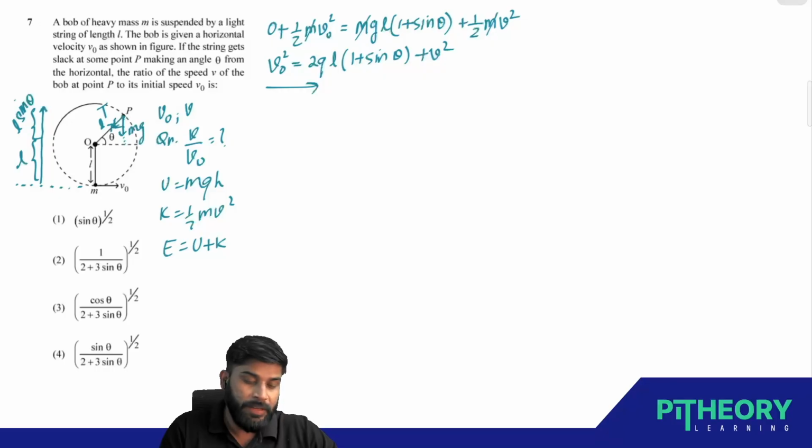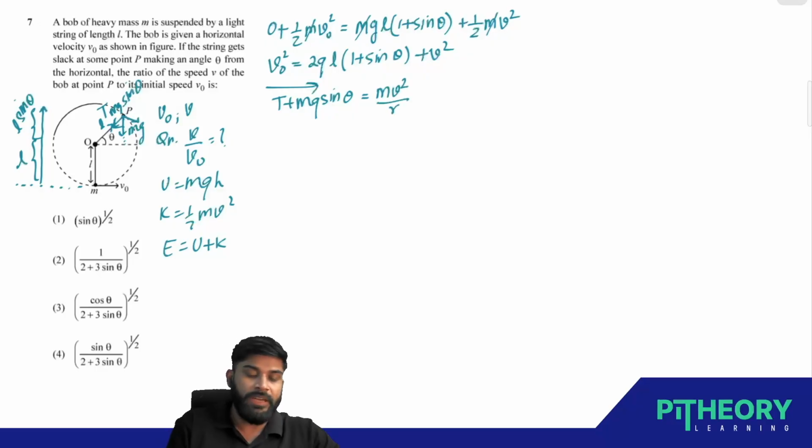This component will be mg cos theta and this will be mg sin theta, correct? So you can write T plus mg sin theta from this diagram, and these two together are providing the centripetal force. The centripetal force is nothing but mv square by r.